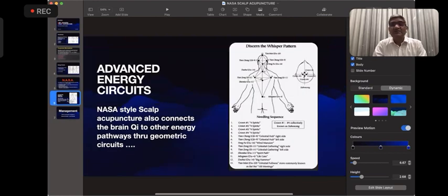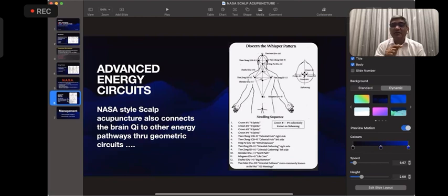Can you see this geometrical diagram? Now, this is very important. When you use the points in a geometrical pattern, like you see the points on the scalp, all right, there are points at DU 20, there are points lower than that, but there are also points along the back, dorsal of the back, the spine, and they are all connected in a particular geometrical pattern.